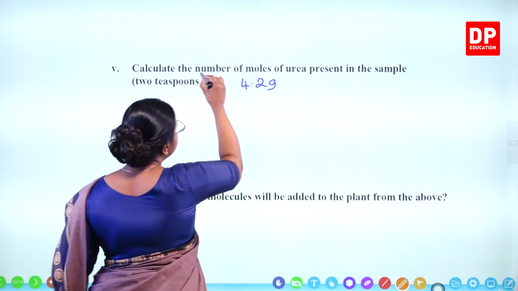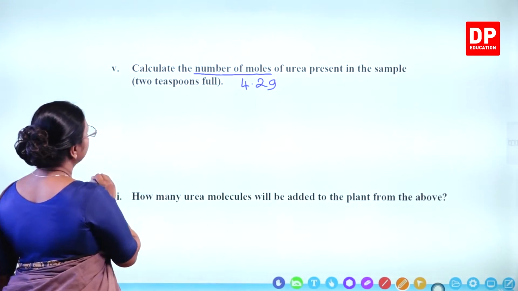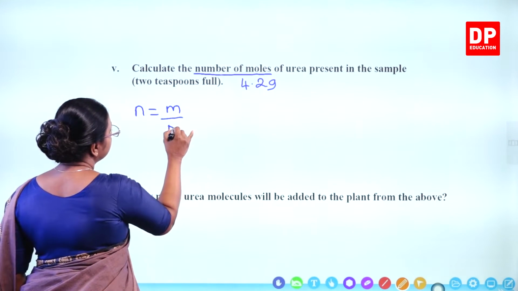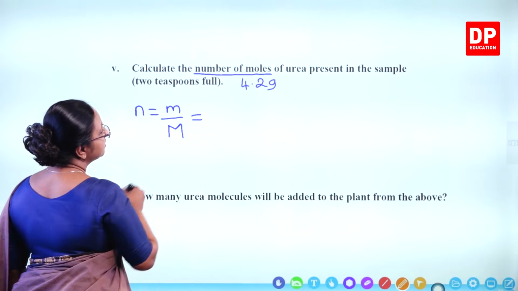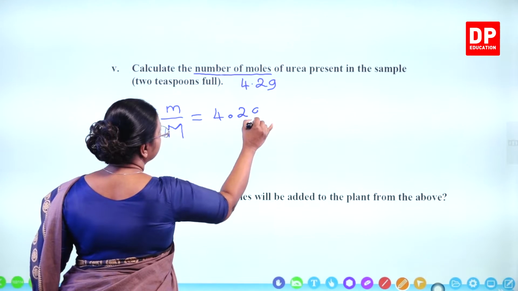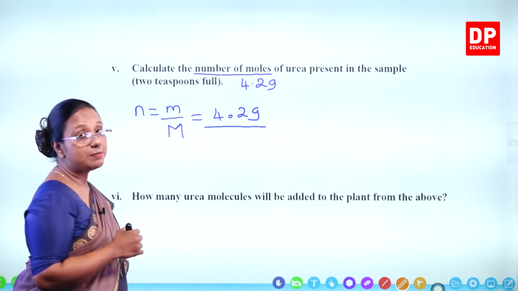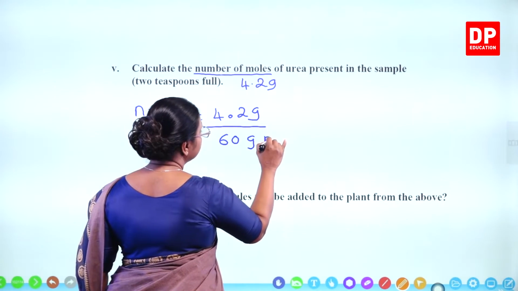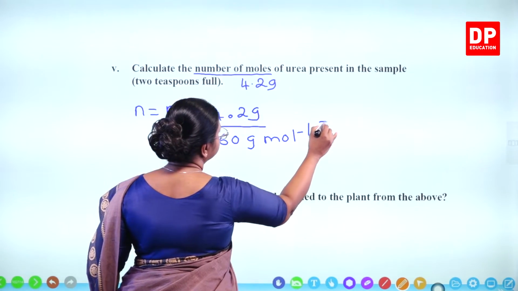Calculate the number of moles. Now you know the equation. Moles equals mass over molar mass. So what is the mass of urea? 4.2 grams. What is the molar mass? We calculated it as 60 grams per mole.